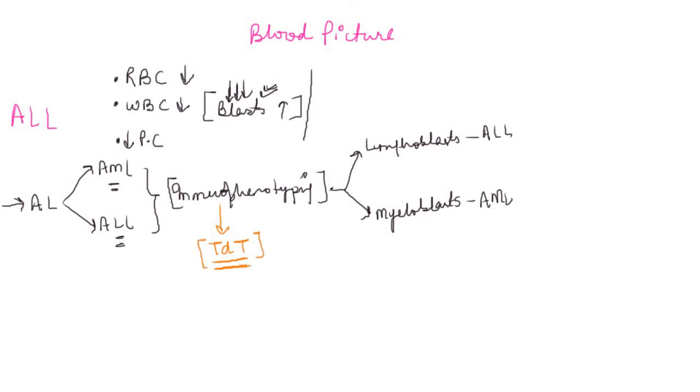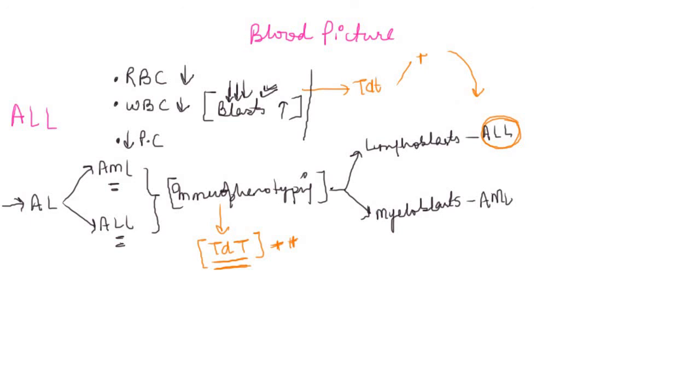And if on immunophenotyping we find that the cells are positive for TDT enzyme, then we are sure that it is a case of ALL. So after you find this clinical picture and this blood picture, you will order TDT. If the TDT comes out positive, then it is a case of acute lymphoblastic leukemia.